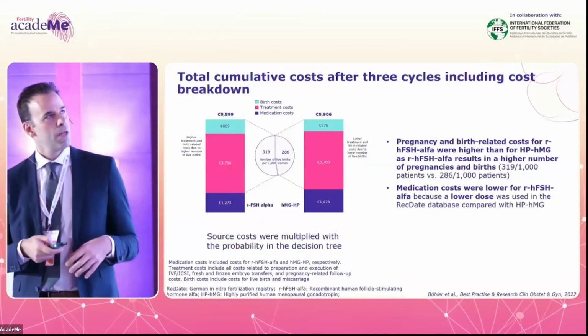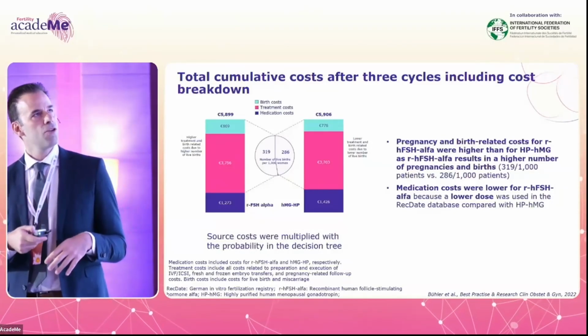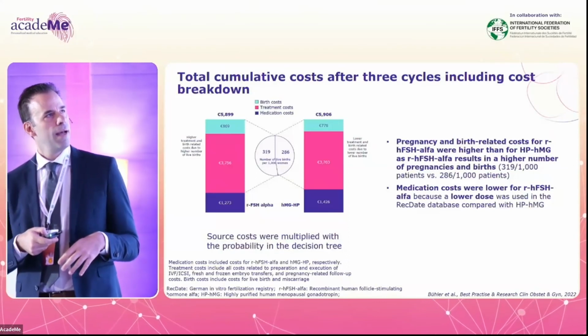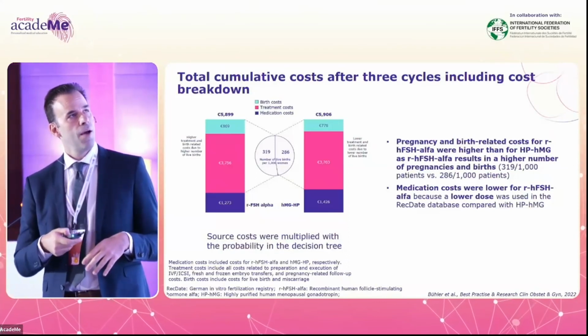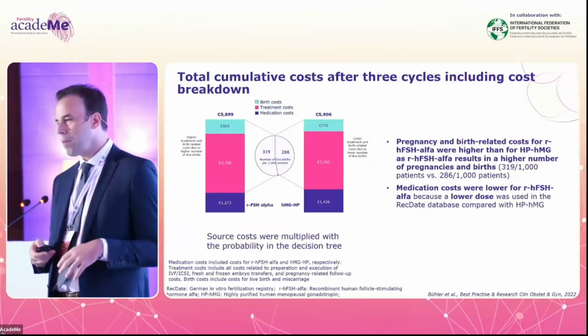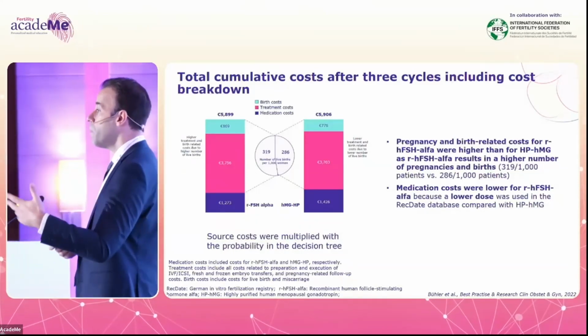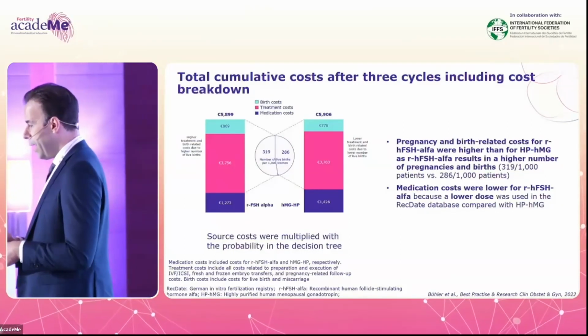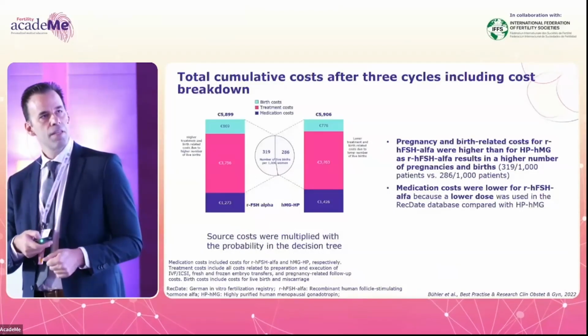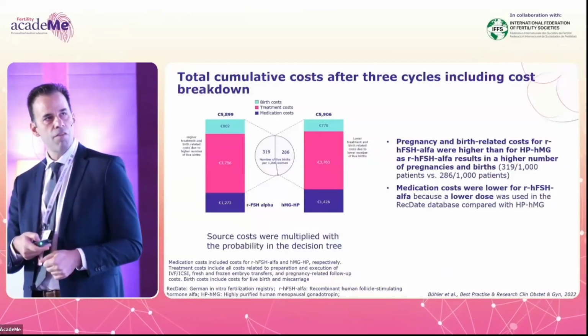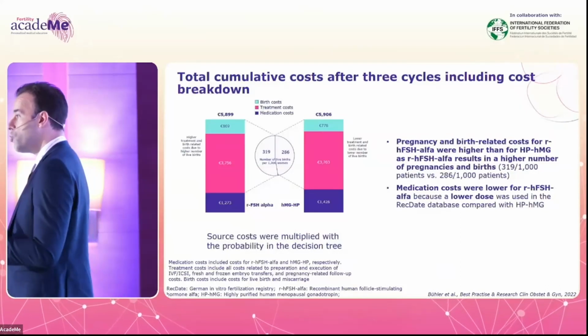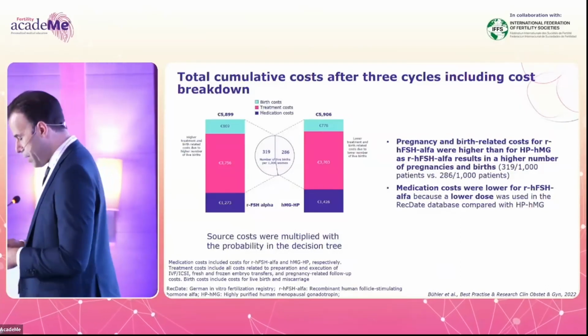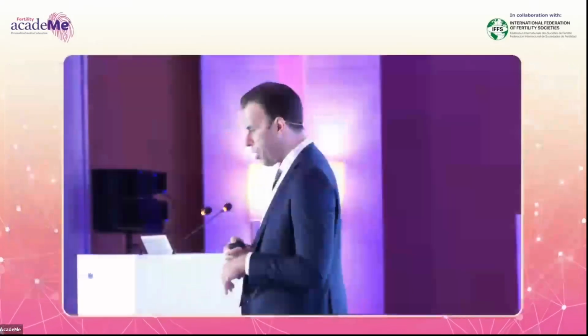So there were slightly higher treatment costs related to birth when it came to folitropin alpha, but probably that was because we had far more births in that group. And the medication costs you can see here were lower for recombinant alpha because there was overall a lower dose used, based again on the RecDate data from 2007 to 2012.